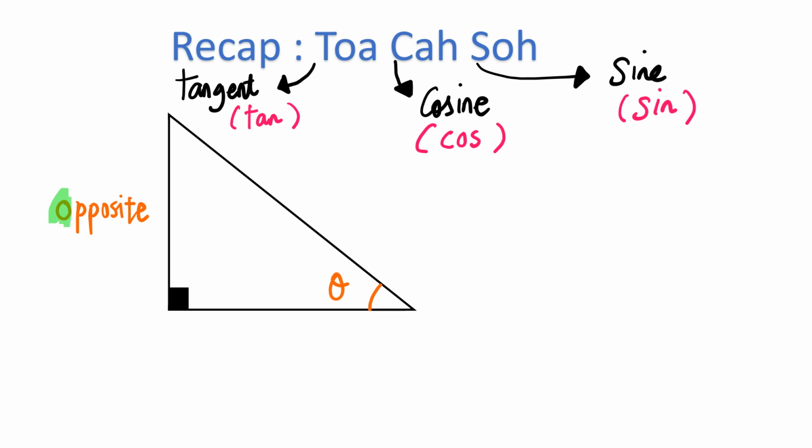The first letter is the letter O, right? And then the side that's adjacent to the angle theta, we call it adjacent, and the first letter we identify using letter A. And of course the third side, which is the longer side, that is the side that's opposite the 90 degrees, we call it the hypotenuse.